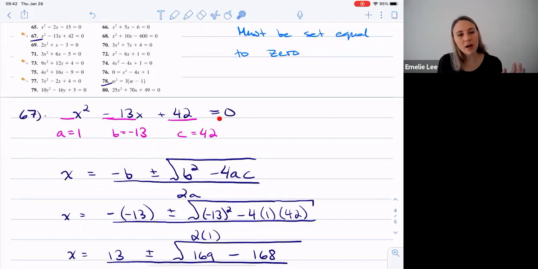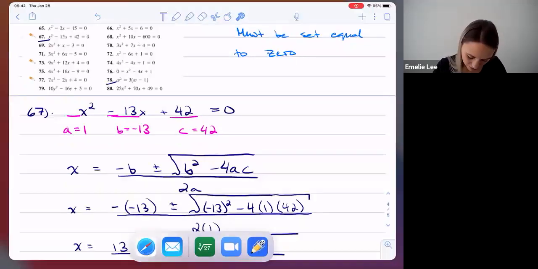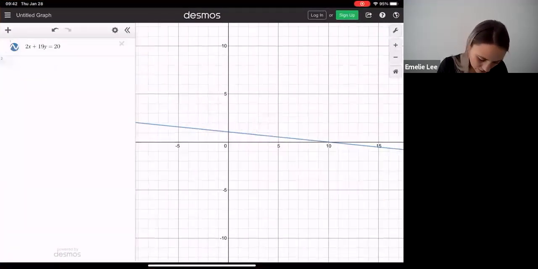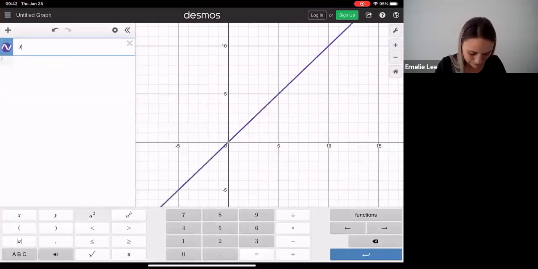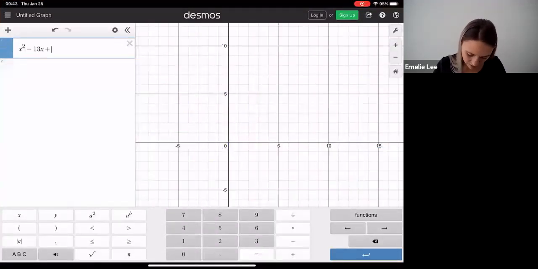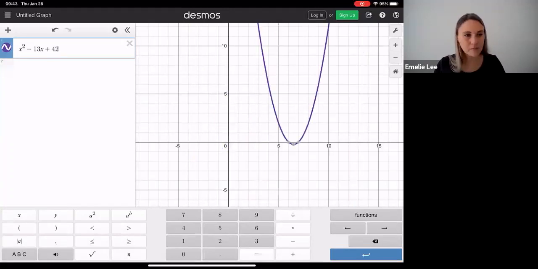And so we're forcing it to be y equals 0, okay? Which is our x-axis. So if we graph it in Desmos, I'll be able to show you a little bit better. So x squared minus 13x plus 42, that's what I want to graph here.